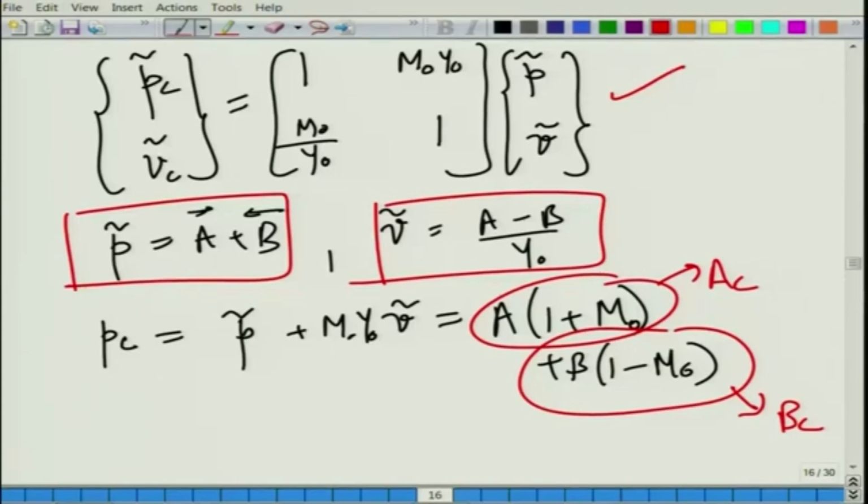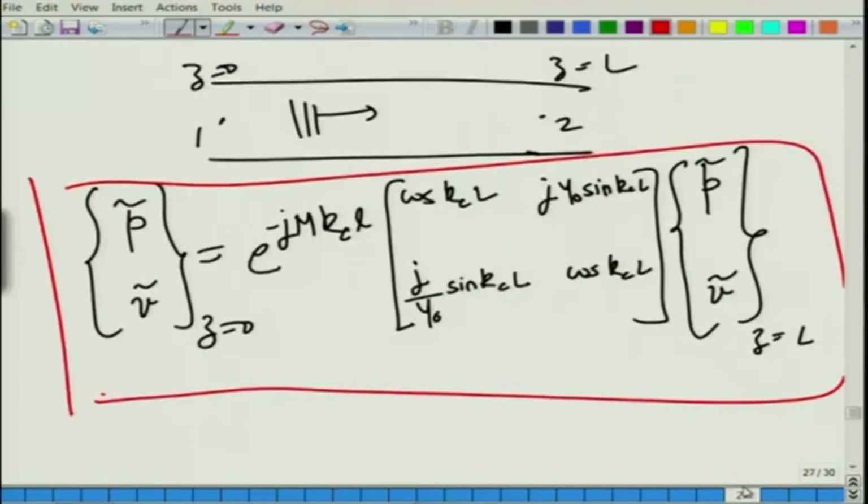So, P and V are just the inverse of this into this, isn't it? Now that we have derived this, this is equal to the matrix that I had shown you, that is the inverse of that, and this matrix we could basically relate it, isn't it?